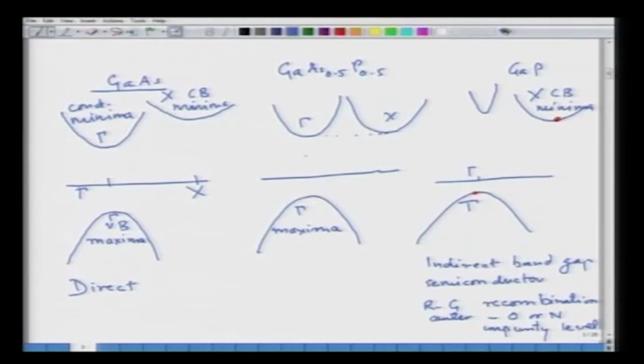So, at this point the conduction band minima are the same for both the gamma and X points, and below this composition the material is direct band gap, and above this composition the material is indirect band gap.